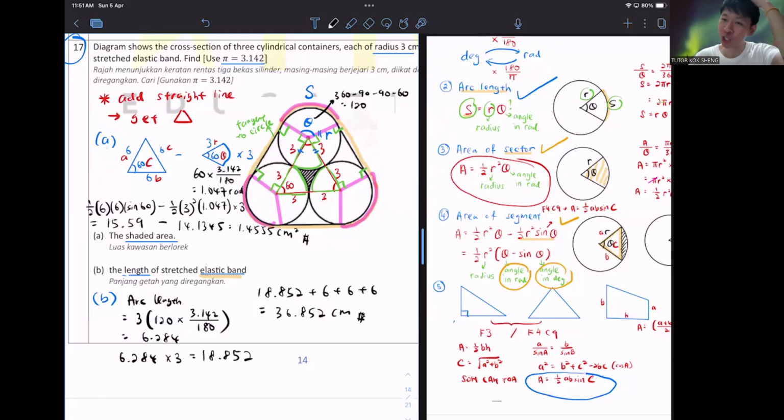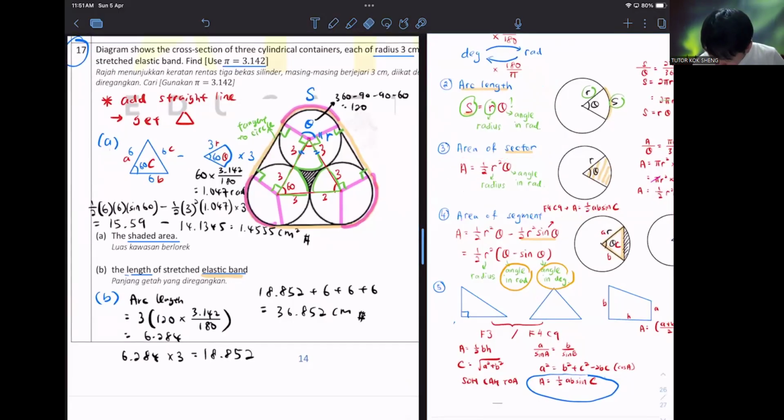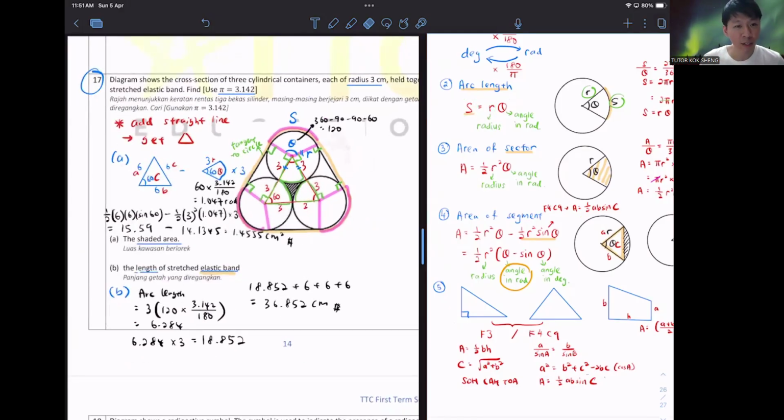One more to go. Last, number 20. Okay, so let's go. Number 20. Last one, last one, last one.